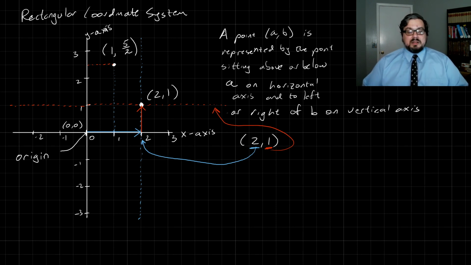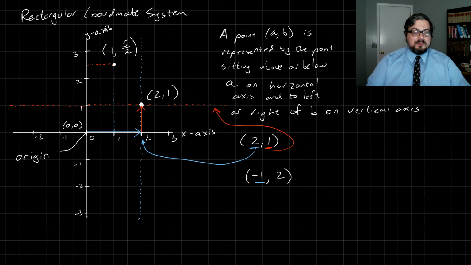So let's do some more examples. What happens, we may ask, if we look at some negative numbers? So we look at -1, 2. Well, we still follow exactly the same strategy. We start with the first coordinate. The first coordinate is -1. And so we find -1 on the x-axis, and we look up or down from that.